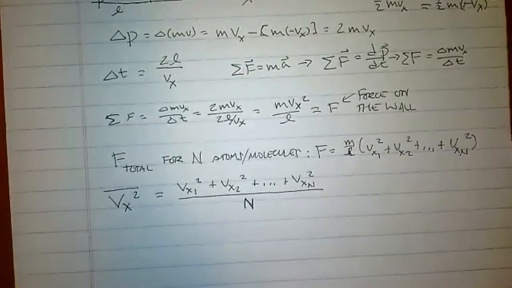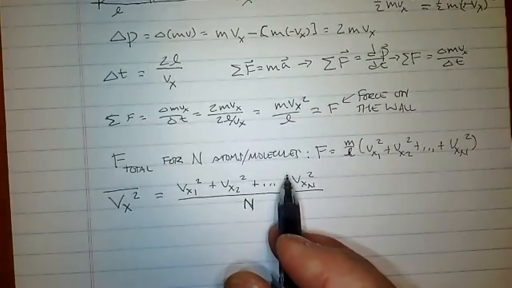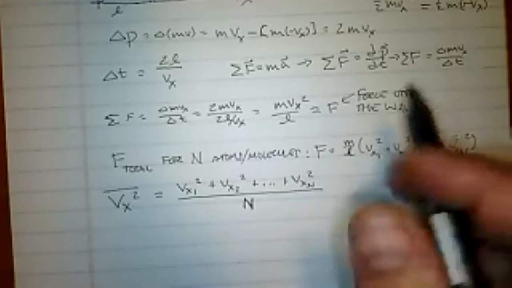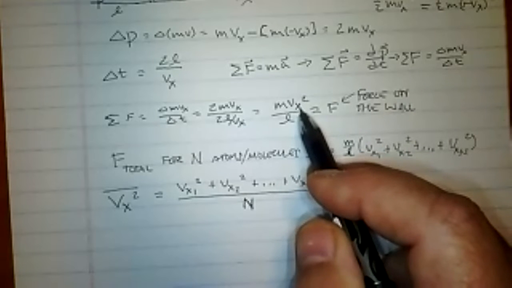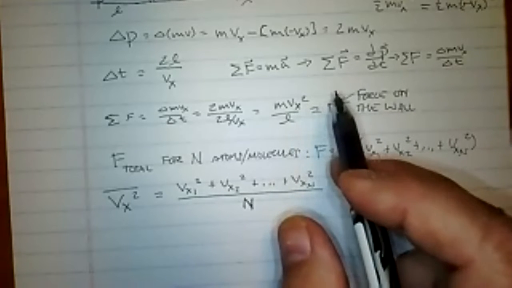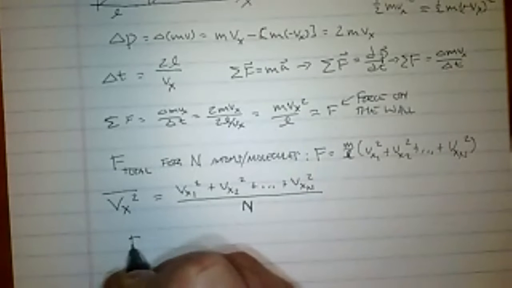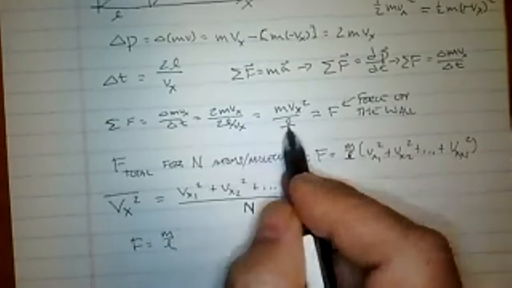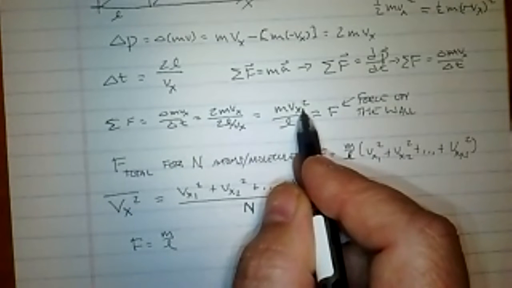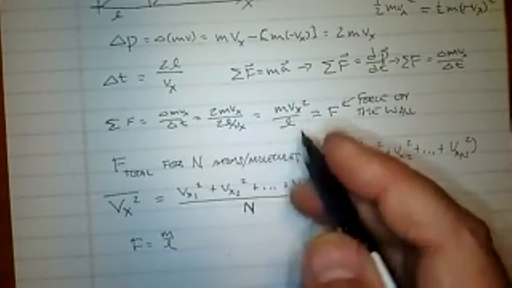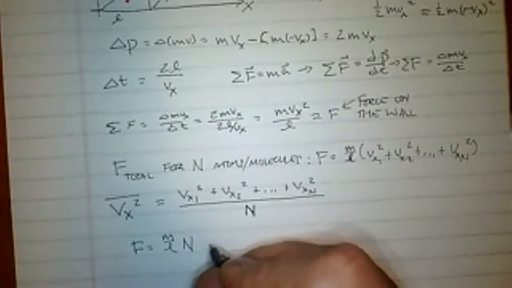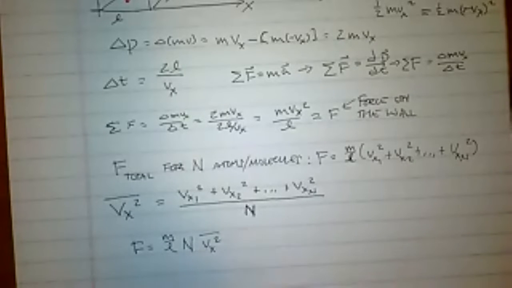That's nice, because now I can replace my little Vx1, the velocity for one of the particles. The total force is going to be that m over L we had already, and instead of just taking one particular velocity, all I have to do is multiply it by N. Now I have the total force.